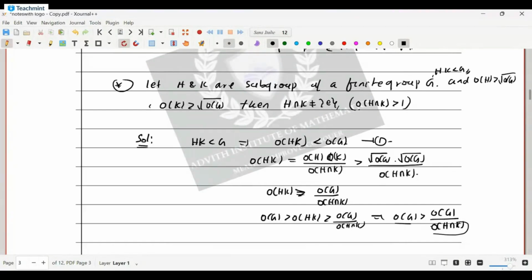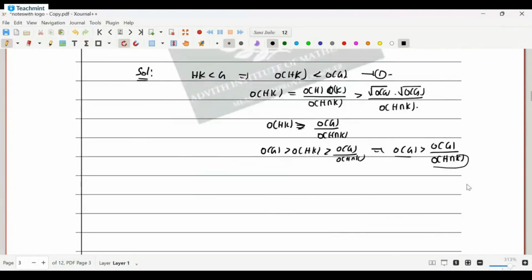Therefore, the order of H intersection K is greater than 1, which implies H intersection K is not equal to the singleton {e}.